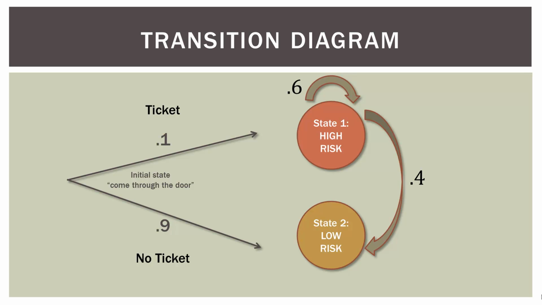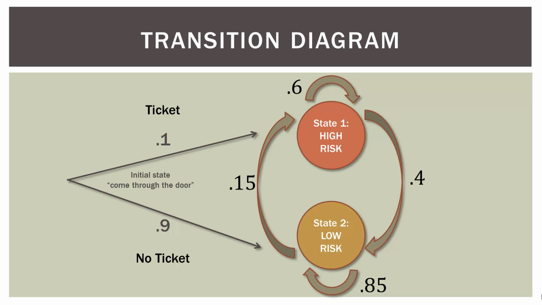Now if they come in low risk, the probability of returning to low risk is 0.85, and the probability of going to high risk is 0.15. So this is a transition diagram for this whole process. And you can think of someone that's even with us for 5, 6, 7 years.